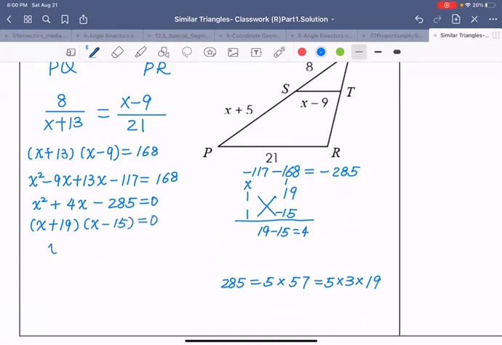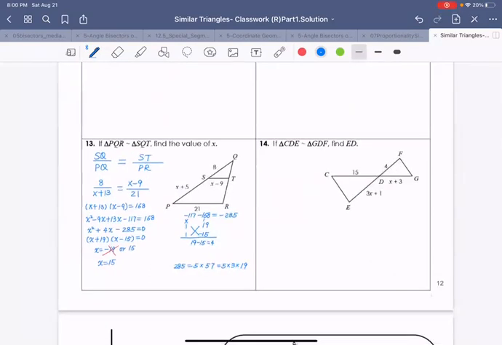The 2 solutions are negative 19 and 15. Look, this is a geometry question. You won't be able to have a negative, so you will cross out this solution. Make sense? Yeah, we will cross out this one. So we only keep x equals to 15. Okay? Does this make sense now? Yeah. Okay.